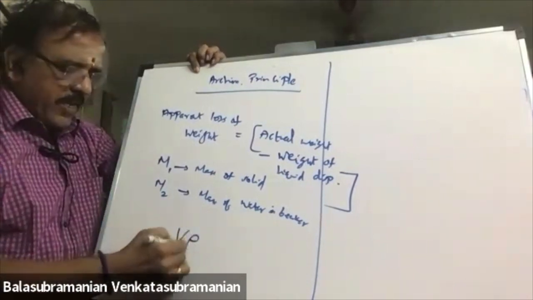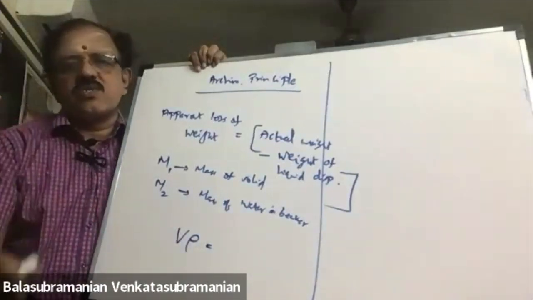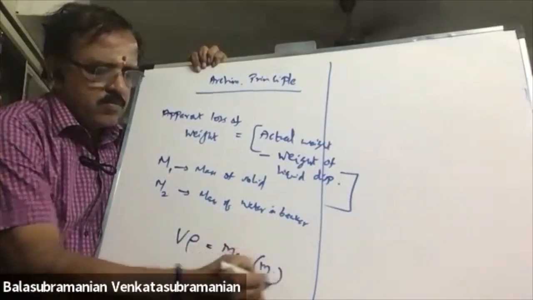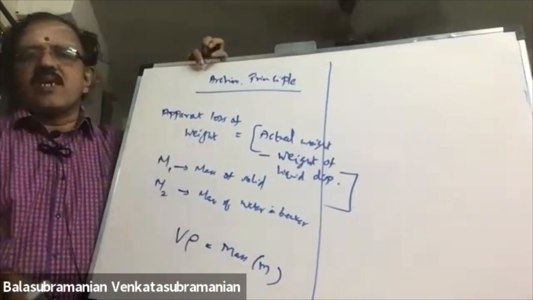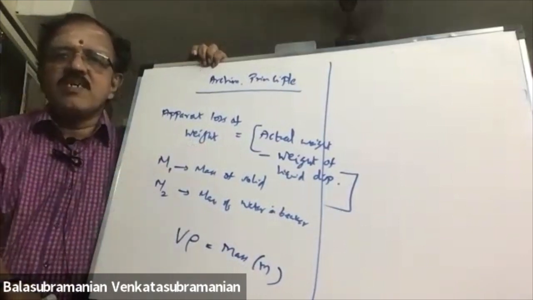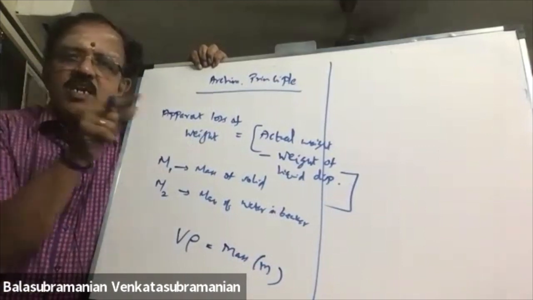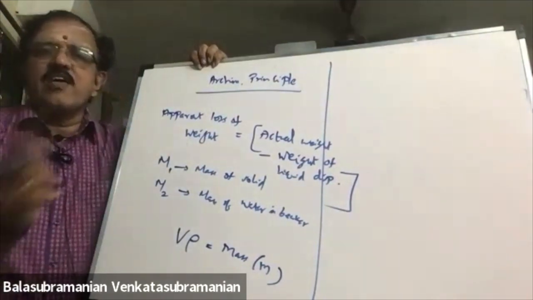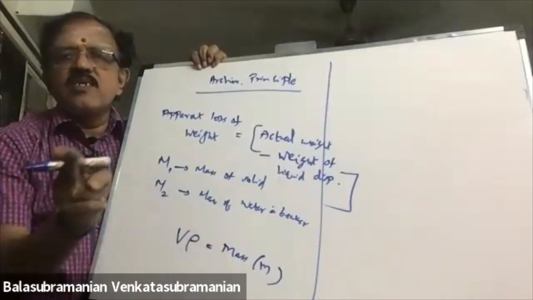That volume into density will give you the mass of the liquid displaced. In the physical balance, at that moment, what is the mass you calculate? The difference in mass, original mass of the stone you have calculated, and when it is immersed inside, the difference in mass will give you the mass of the liquid displaced.